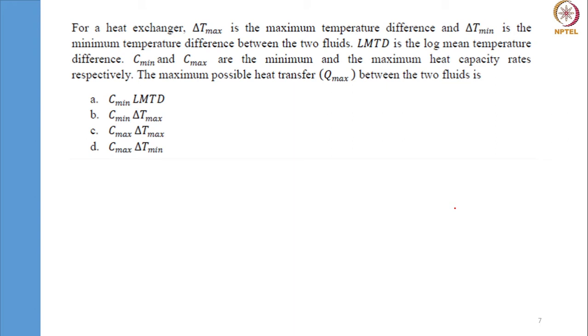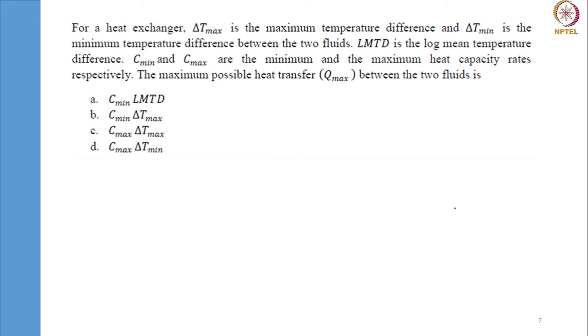Sir, as per the literature, it should be C max delta T min, but I need to check the exact calculation. I think it's the B option, C min times the delta T max. Two of our friends say C max into delta T min. Another friend says C min into delta T max.